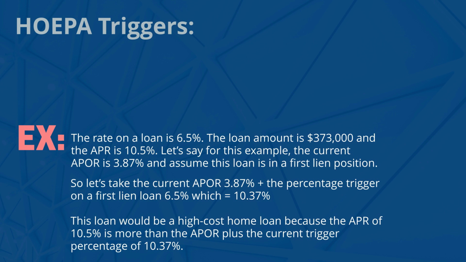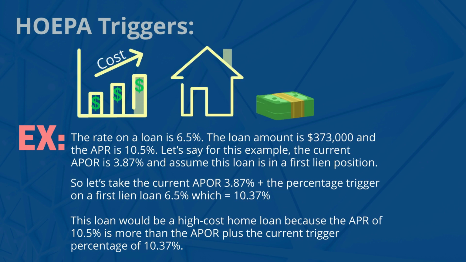So let's take the current APOR, 3.87%, plus the percentage trigger on the first lien loan, 6.5%, which is equal to 10.37%. This loan would be a high-cost home loan because the APR of 10.5% is more than the APOR plus the current trigger percentage of 10.37%.